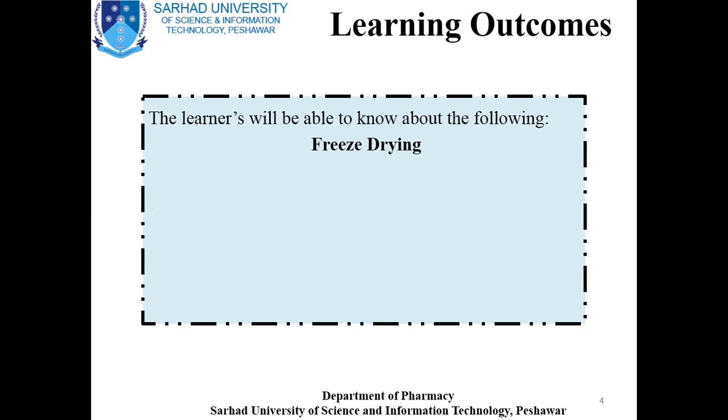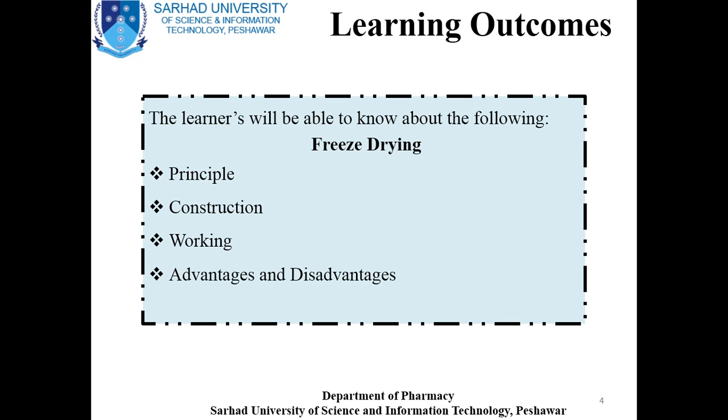Dear students, after the completion of this lecture you will be able to know about the freeze drying principle, how a freeze dryer works, what is the principle behind its working, and the material of construction, and how it works, the different steps involved in the processing of a material for drying.